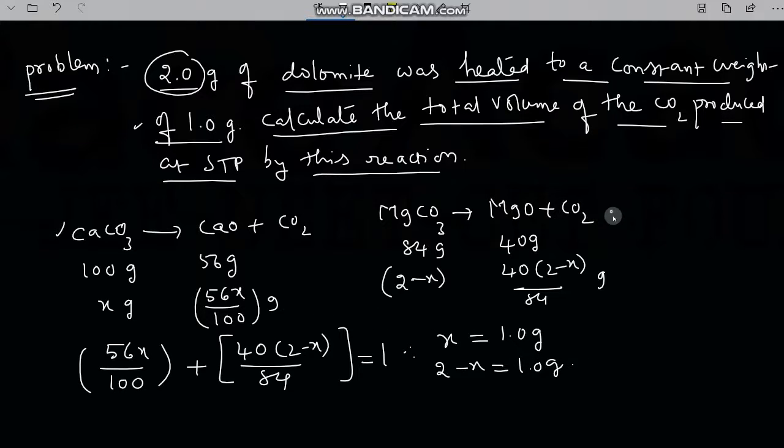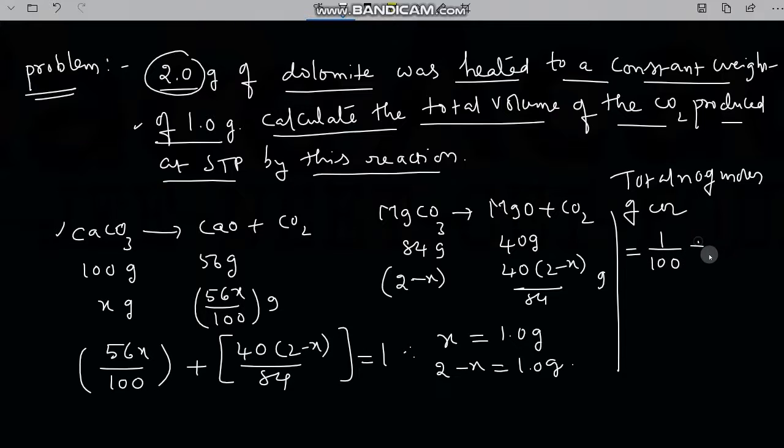From this, we can easily tell the total number of moles of CO2. What is the total number of moles of CO2? In the first case we have 1 gram of calcium carbonate, whose molar mass is 100, plus 1 gram of magnesium carbonate, whose molar mass is 84.